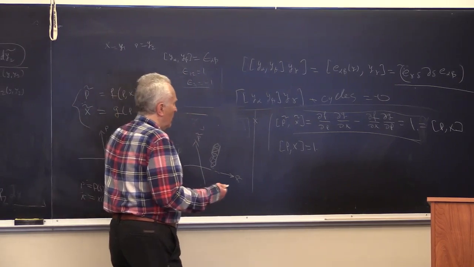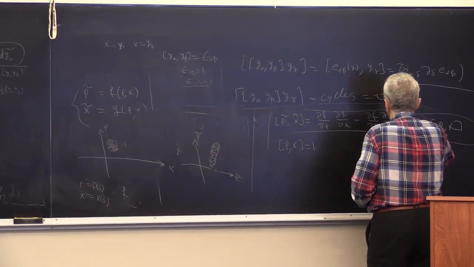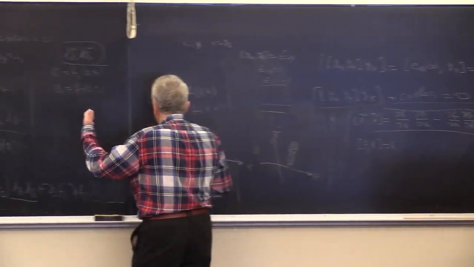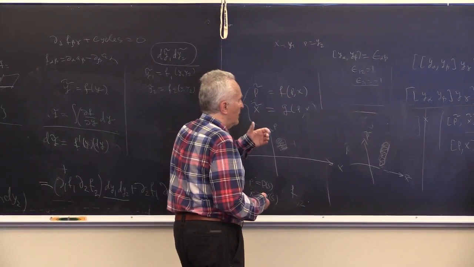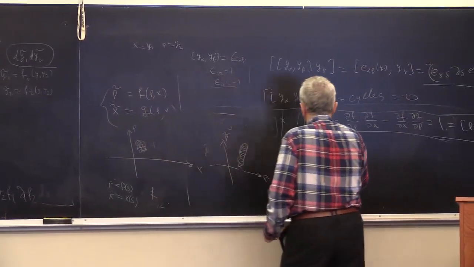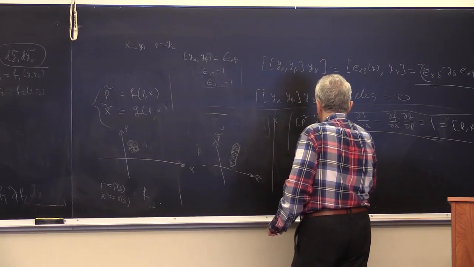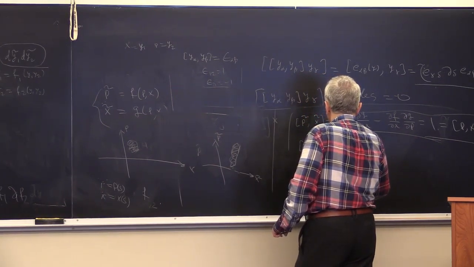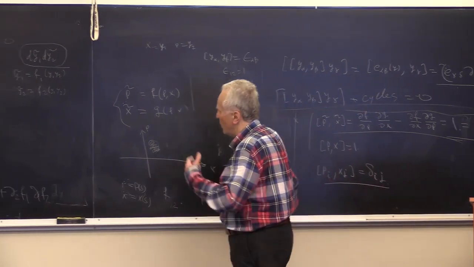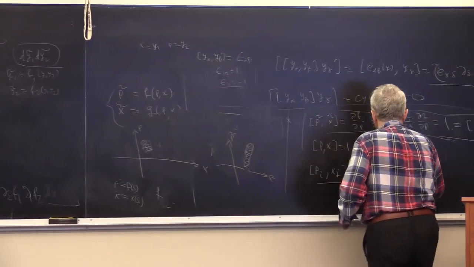When you have a multidimensional phase space, it's not that simple. In multidimensional phase space, the bracket of p_i and x_j is the Kronecker delta ij, and so you have many more conditions when you write down that this is equal to that.